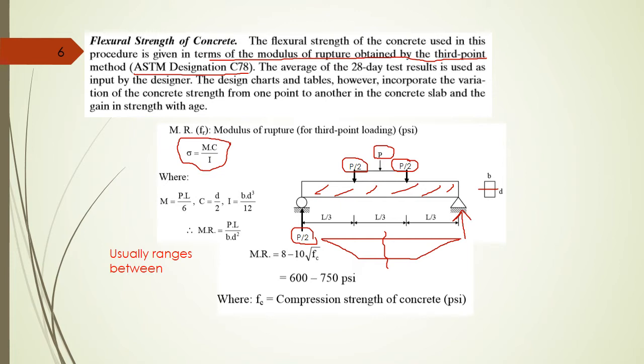Ix is B h cubed over 12, or the height here is D, so B D cubed over 12. You apply both C and I in this equation to obtain the modulus of rupture, MR, equal to PL over B D squared. Usually the modulus of rupture ranges between 8 to 10 root f'c, compressive strength of concrete, and it usually ranges between 600 and 700 pounds per square inch.